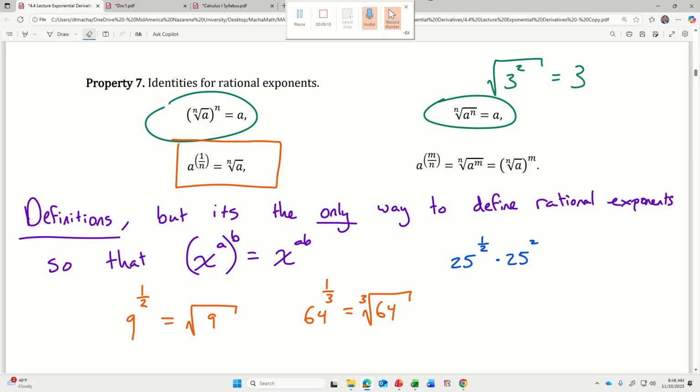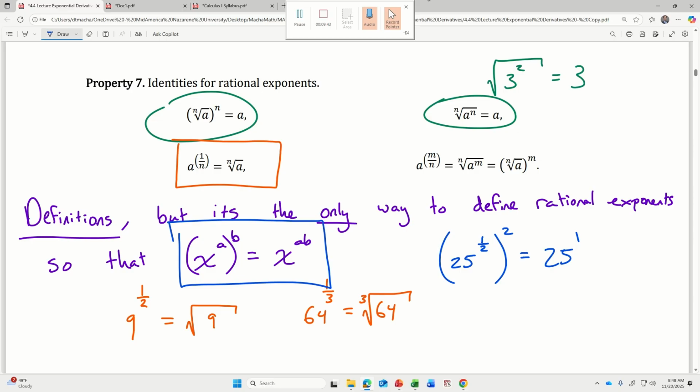Oh, sorry. This is what I'm thinking of. Because we're thinking about the exponent power rule, right? If I've got 25 raised to the 1/2 power, then raised to the 2 power, according to my exponent power rule, this should be 25 raised to the power 1/2 times 2, which is 25 raised to the 1 power, which is 25.